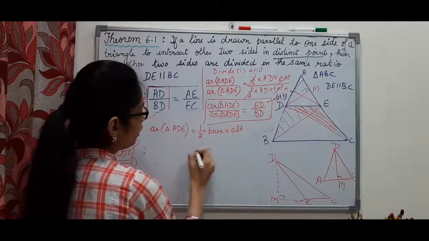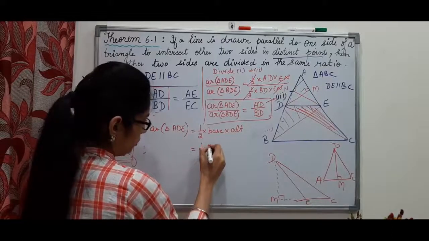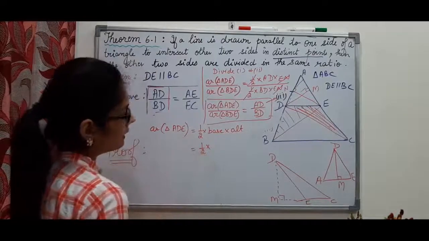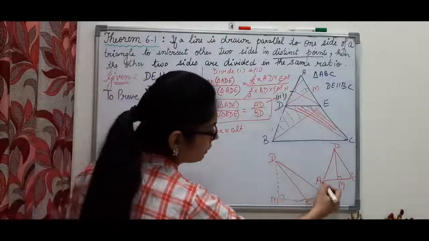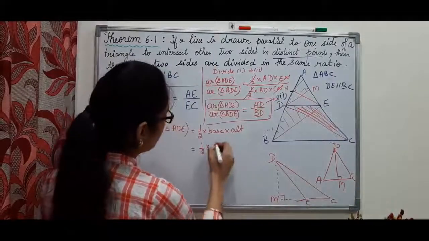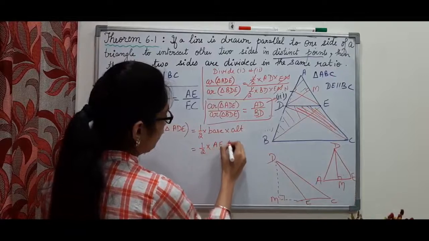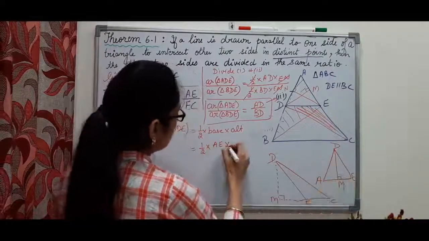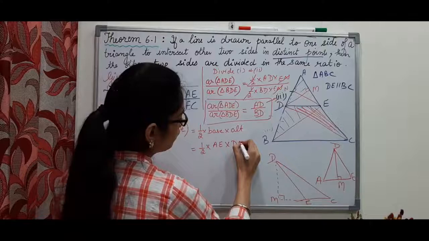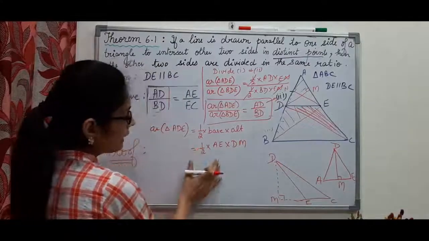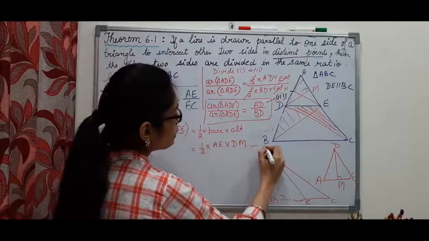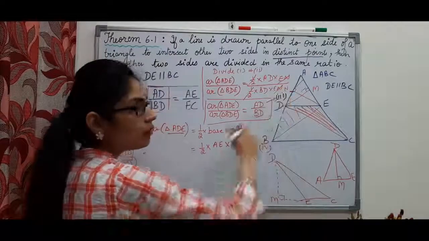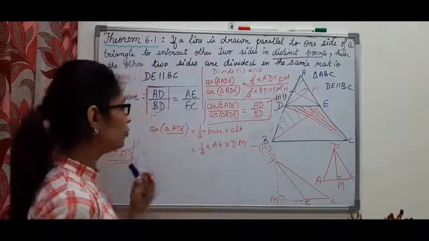This is the formula. The base, you can see, is this lower side, AE now, and the altitude, the straight line which is perpendicular, is DM. So this is the area of triangle ADE. We'll mark this as the fourth point because till third we have already marked.